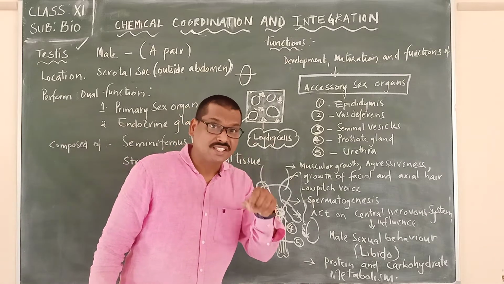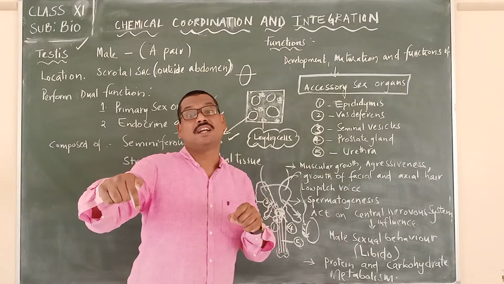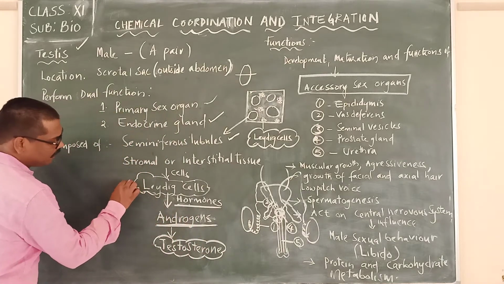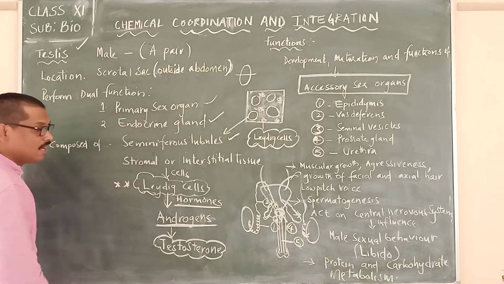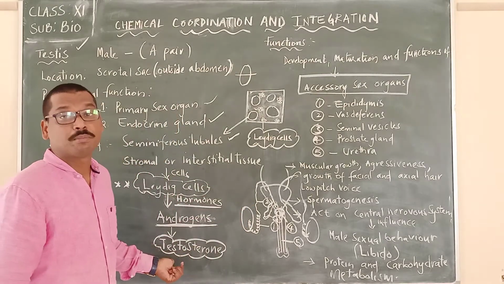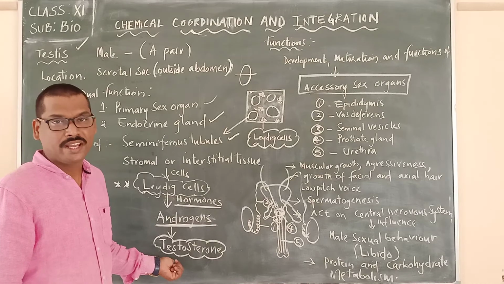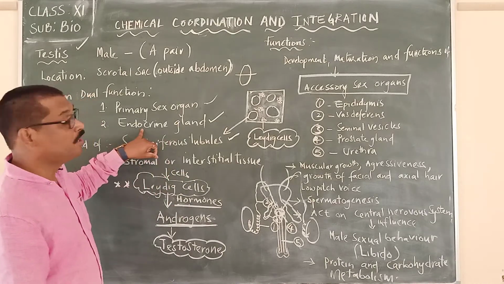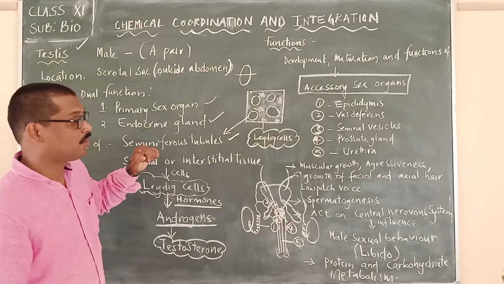Which cells present in the testes produce this hormone? You have to remember, Leydig cells, very important. Leydig cells are present in the testes producing testosterone. That's why we say that testes are acting as endocrine glands.